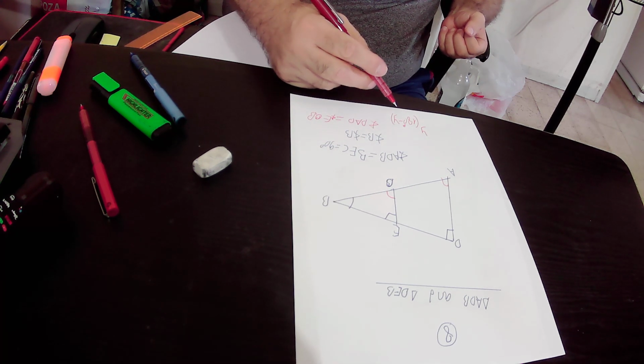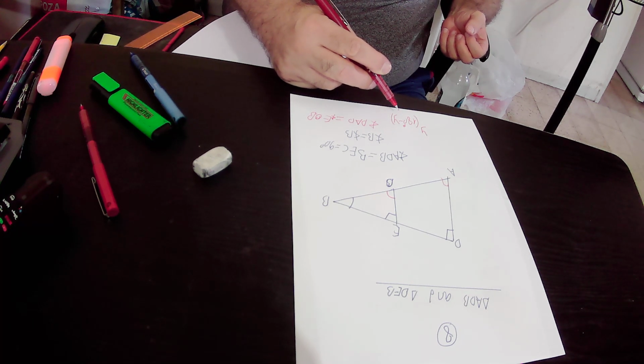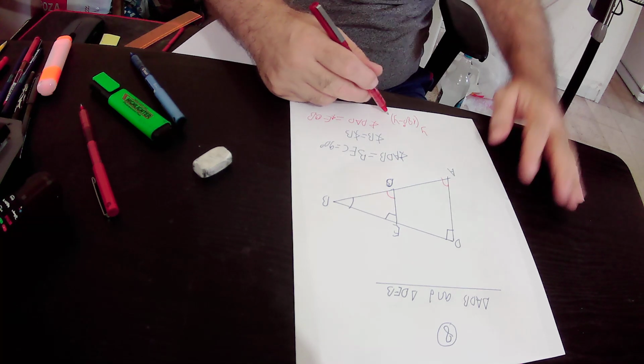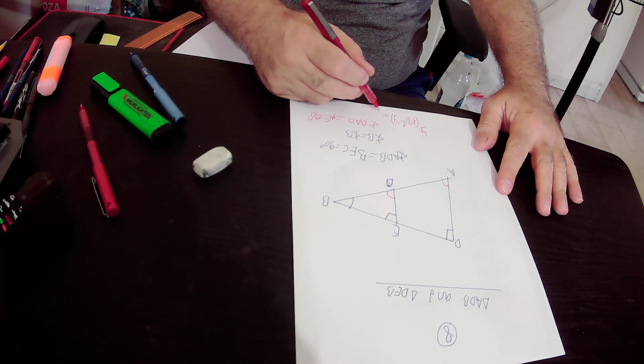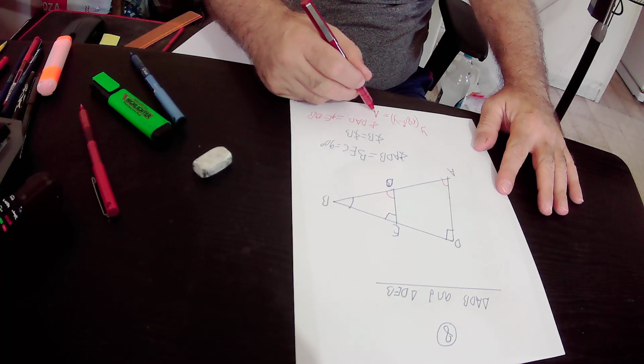But the third angle is also the size of the third angle in the first triangle, and it is also the size of the third angle in the second triangle.